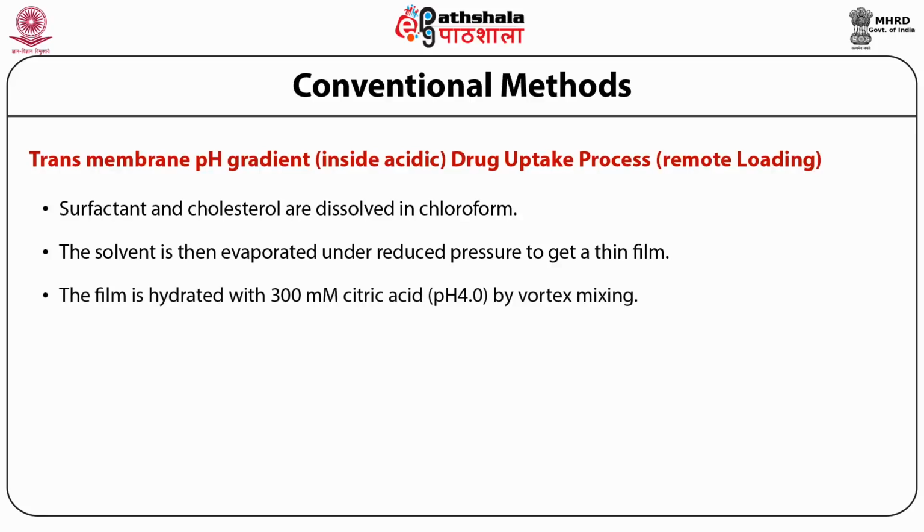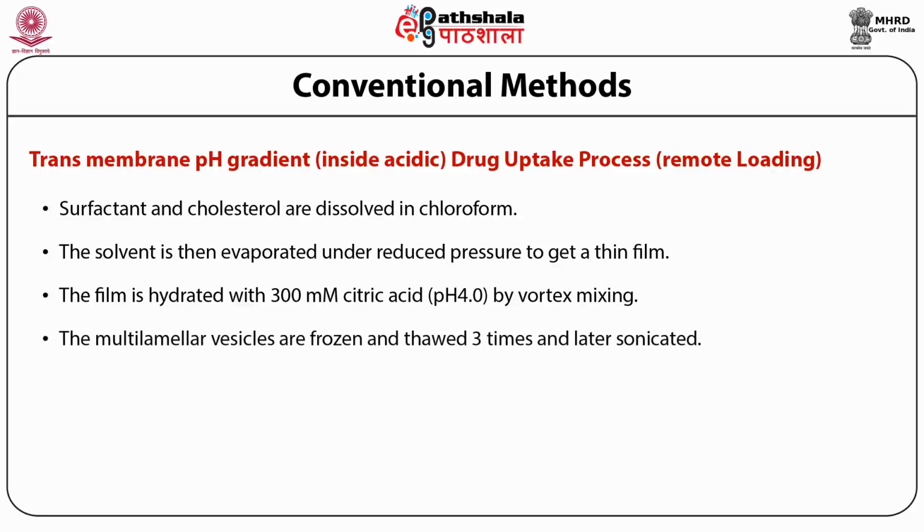The film so formed is then hydrated with 300 millimolar citric acid solution at pH 4 by vortex mixing. The multilamellar vesicles are formed, which are then frozen and thawed 3 to 4 times and finally subjected to sonication.